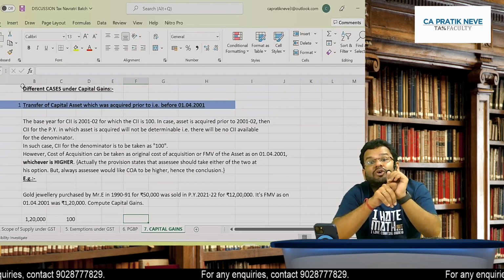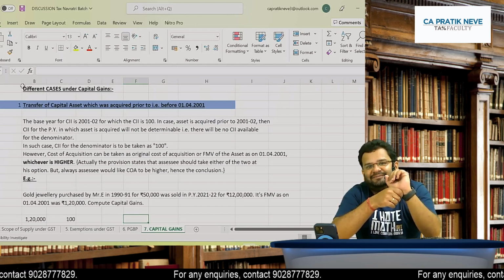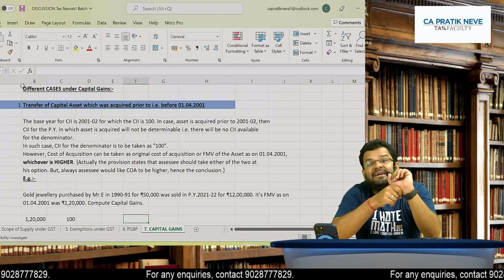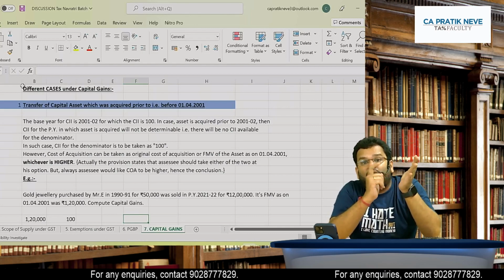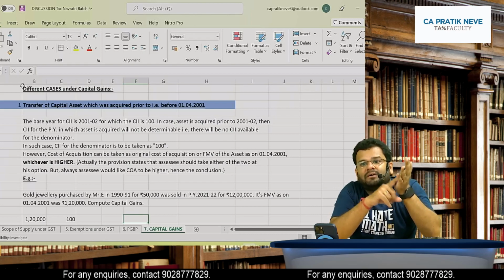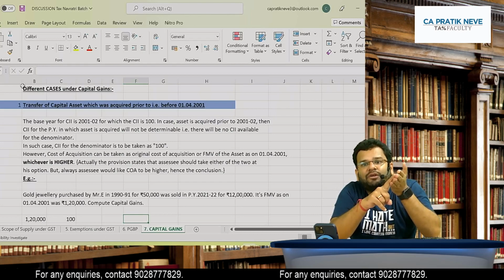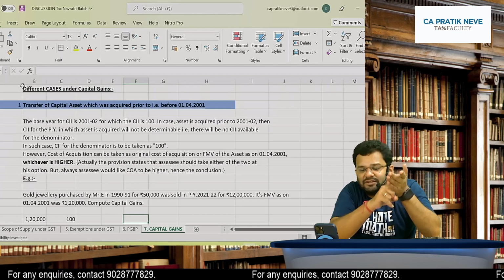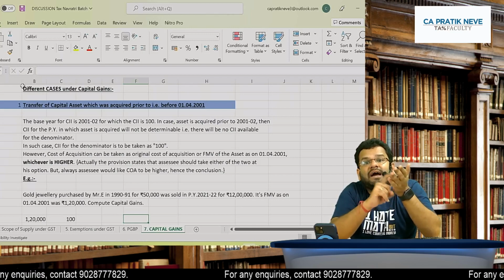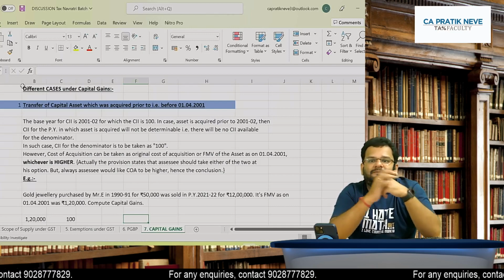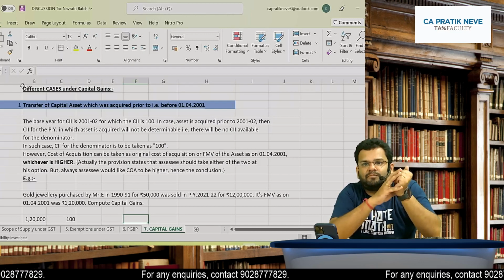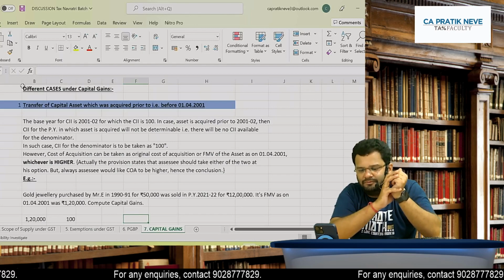And friends, what will be the index cost of improvement? Index cost of improvement will be cost of improvement multiplied by CII for the PY in which the asset is transferred upon CII for the PY in which the improvement takes place. Agreed, all of you?